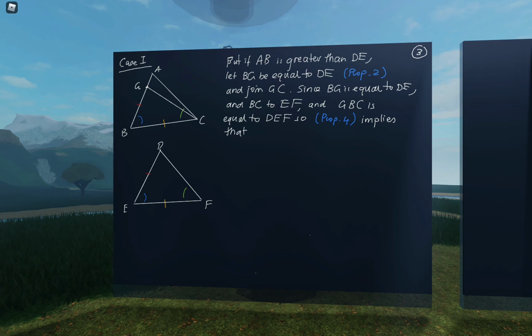In particular, GCB is equal to DFE. But that's a contradiction because that's a part equal to the whole.